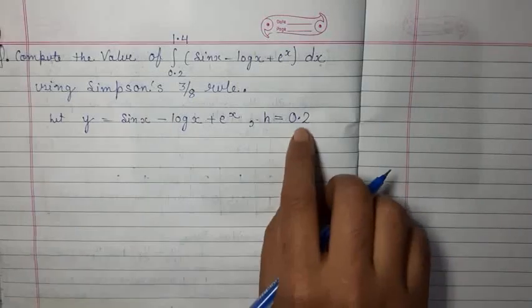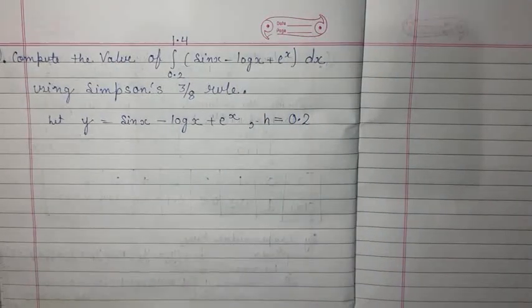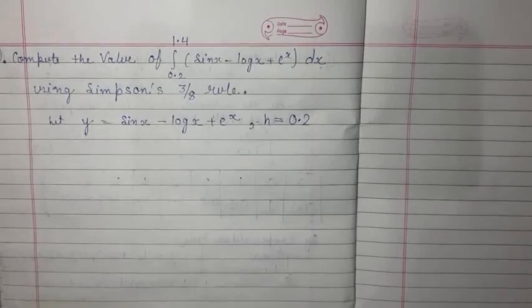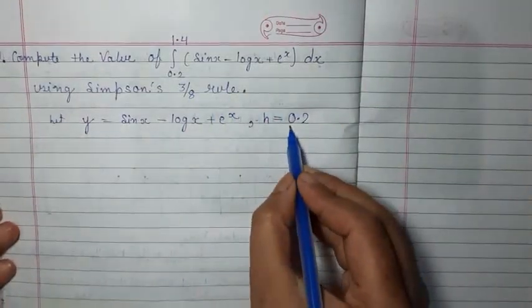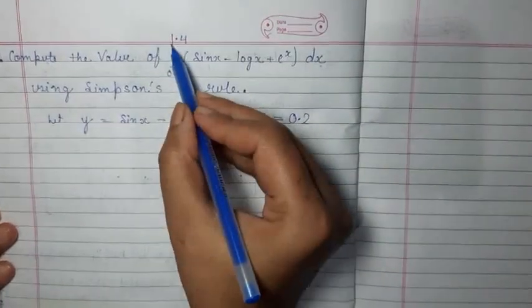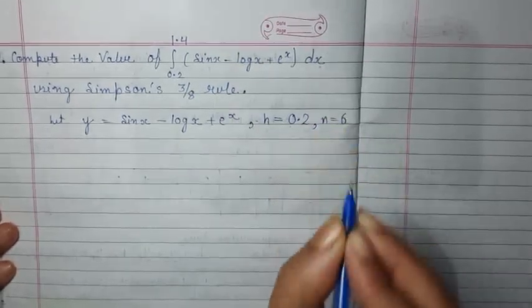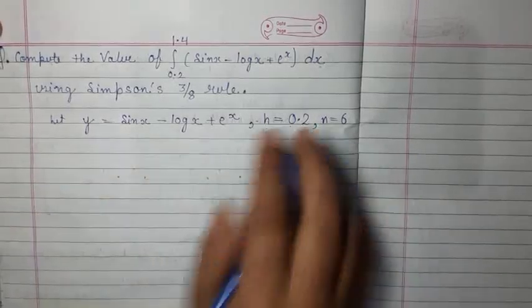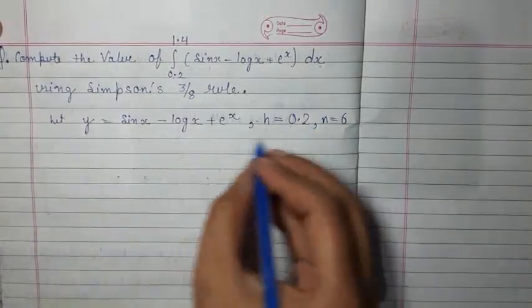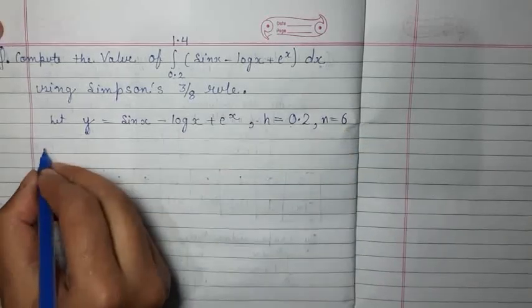If we consider h as 0.2, then how many intervals do we have to prepare? Here n will become 6, because we go from 0.2 till 1.4. I am just explaining how. N is 6 means our yn will go till y6.